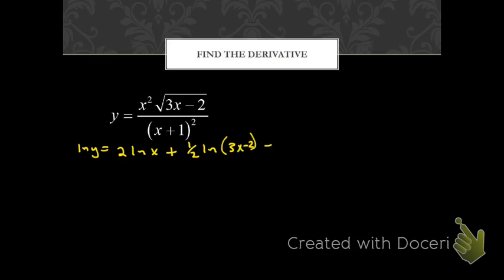Then what? Minus 2 ln of x plus 1. That's the key right there. I think that's key. If you can take this, bring ln to both sides and expand it out.